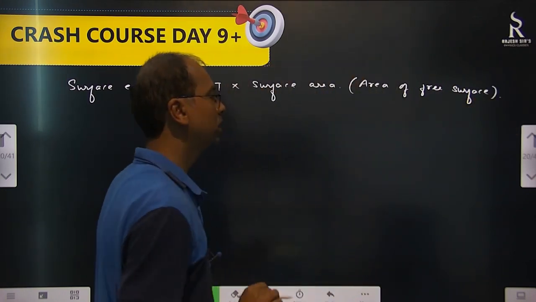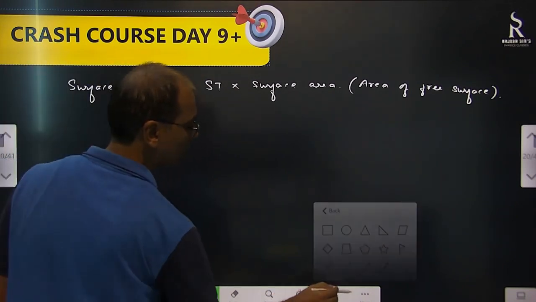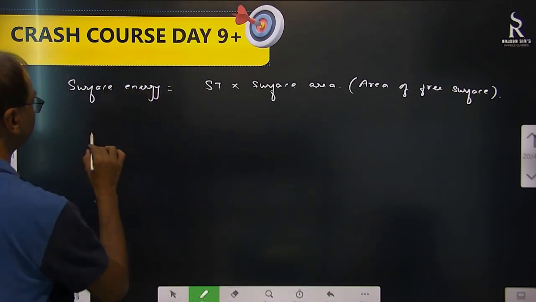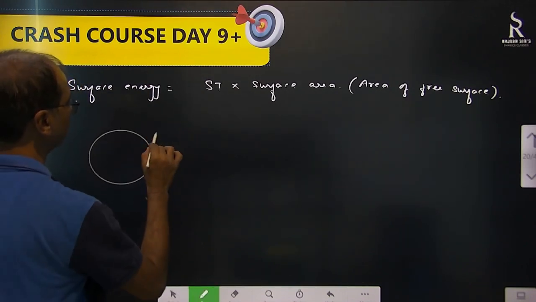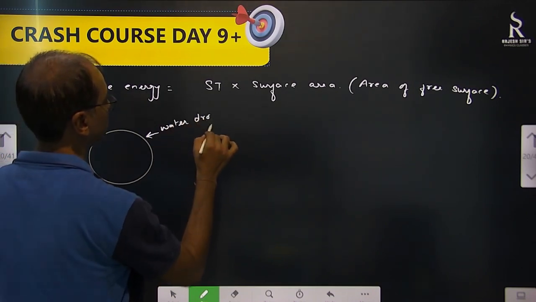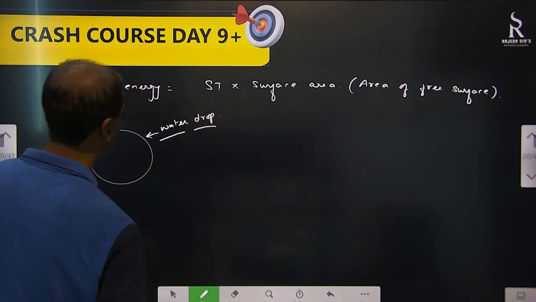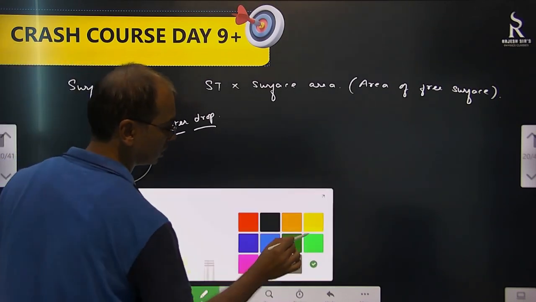Now let's talk about two things. One is a drop and one is a bubble. When we talk about a drop, this is the drop, a water drop. How many free surfaces does it have? Only one surface.